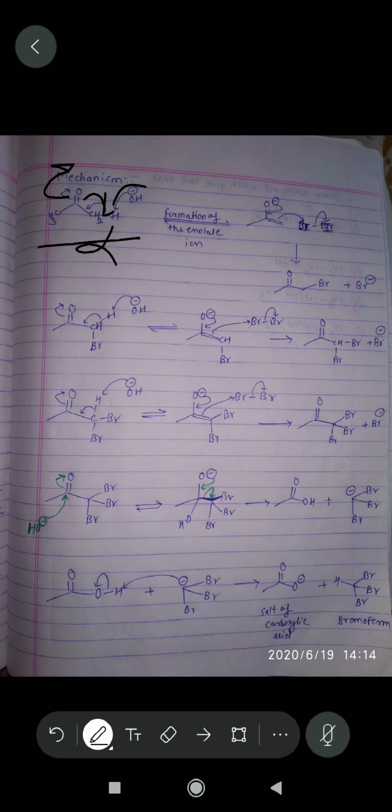That enolate ion is stable. Now this enolate ion attacks the bromine, and a substitution takes place, meaning replacement of one hydrogen by Br. There are a total of 3 hydrogen atoms.